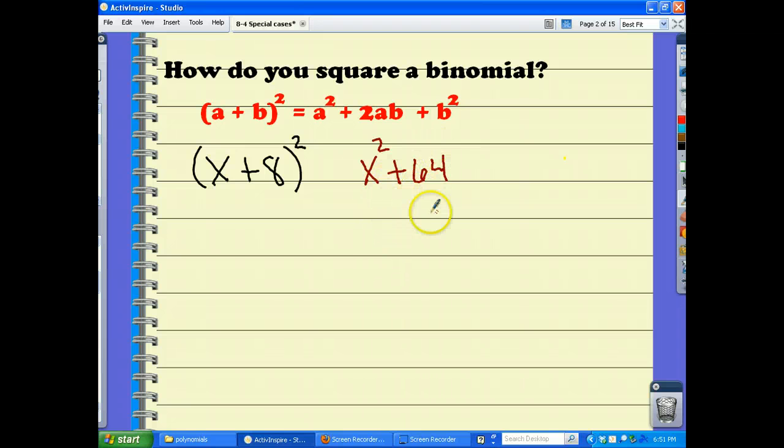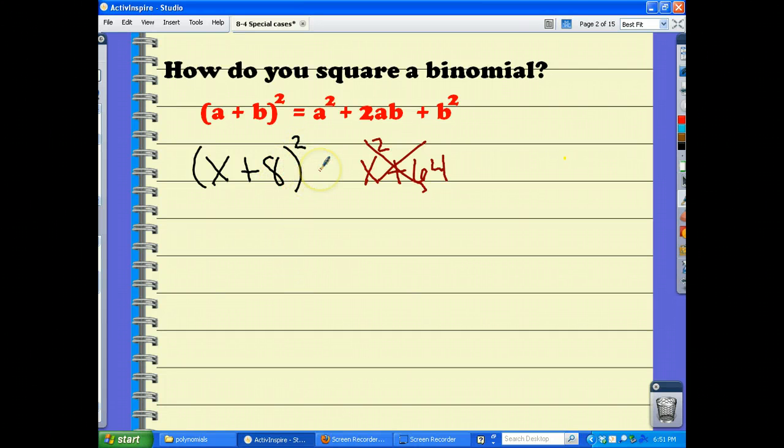So what you really do is look at the formula up here: a plus b squared, which in this case would be x plus 8 squared. The formula for this is a squared plus 2ab. I take the two terms, the a and the b, multiply those together, and then multiply that by 2, and that gives me my middle term. And of course my b term is the 8, so I can simply square it.